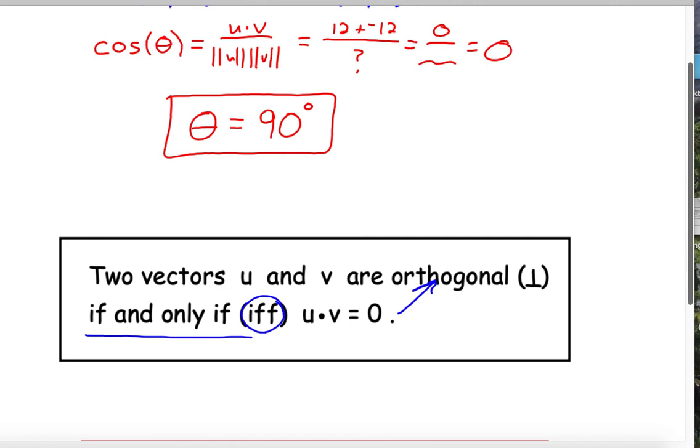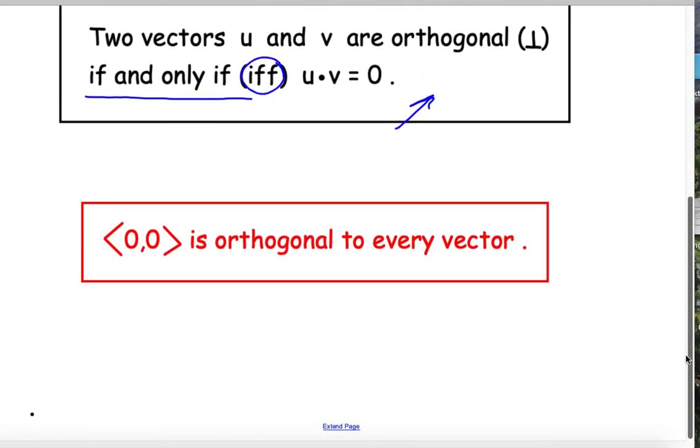If I tell you that they're 90 degrees apart, you automatically know the dot product is 0. And the reverse is also true. If the dot product is 0, you automatically know that they're going to be perpendicular. And then finally, you wouldn't think that this would come up much, but there is a vector, the vector 0, 0, which has no length, and that's orthogonal to every other vector.